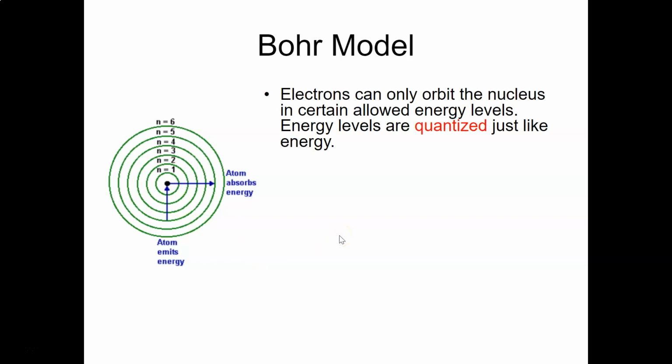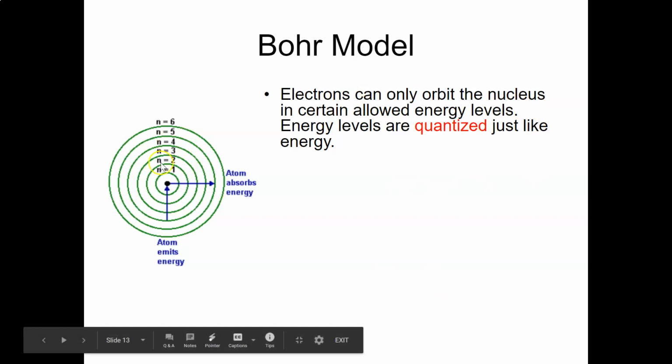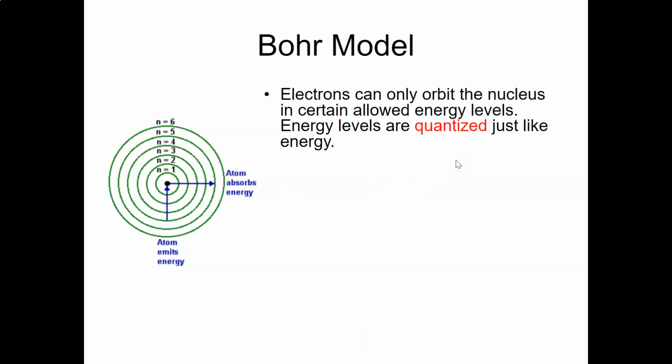So Bohr's electrons. Bohr claimed that electrons orbit the nucleus in certain allowed energy levels. So the electron can be on the green rings, but it can't be in between. And so we've talked about these being quantized energy levels. So certain quantities are what's allowed.